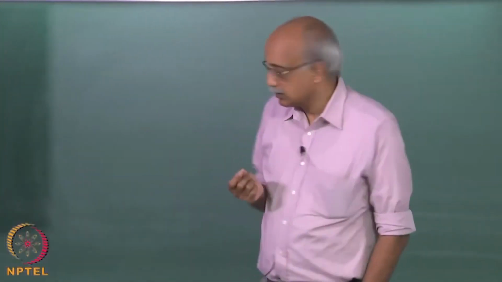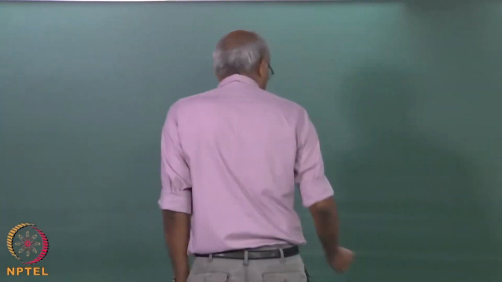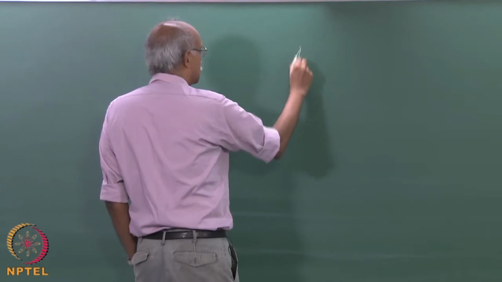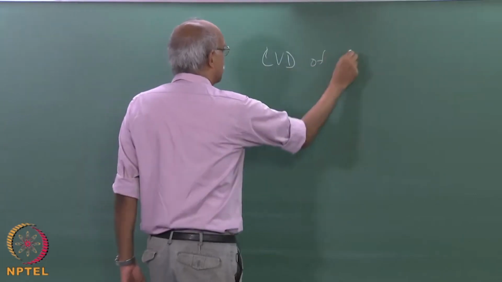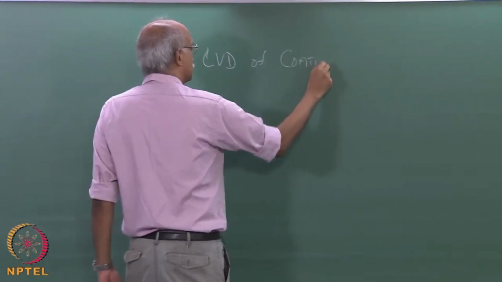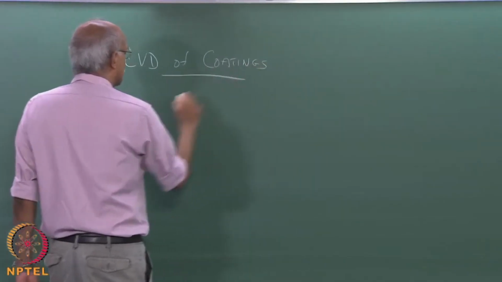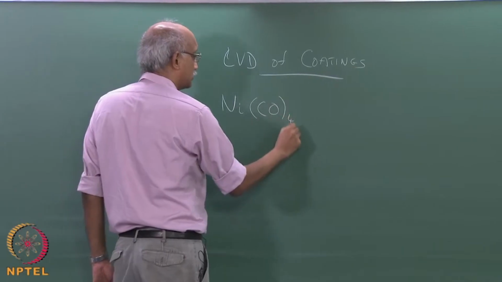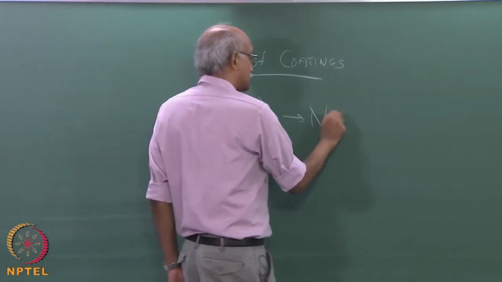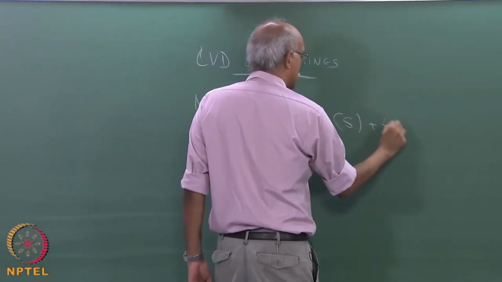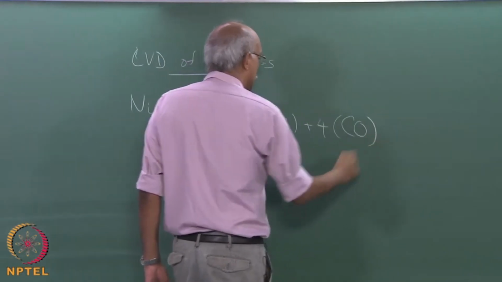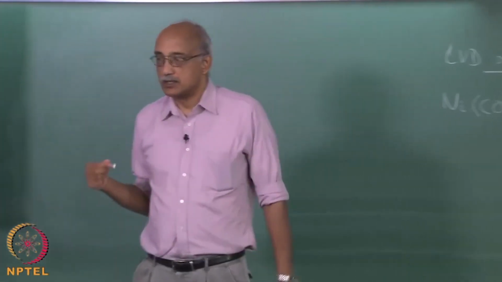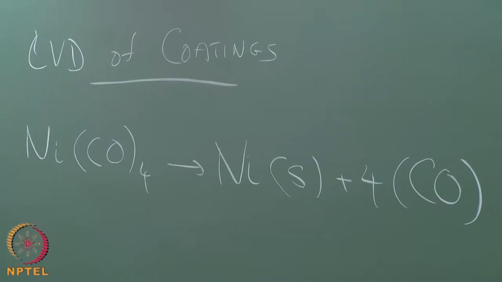For example, you can take a compound like NiCO4 and use that to deposit nickel solid plus 4CO. So, this is a decomposition CVD reaction to get a nickel coating.